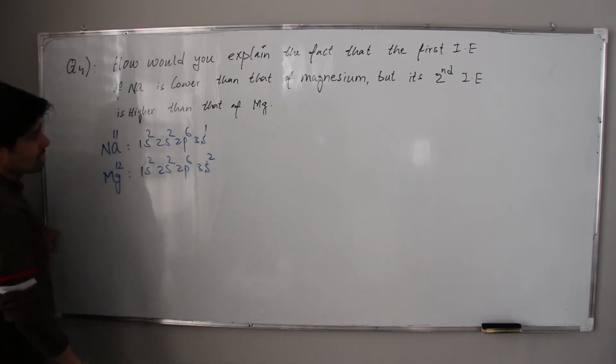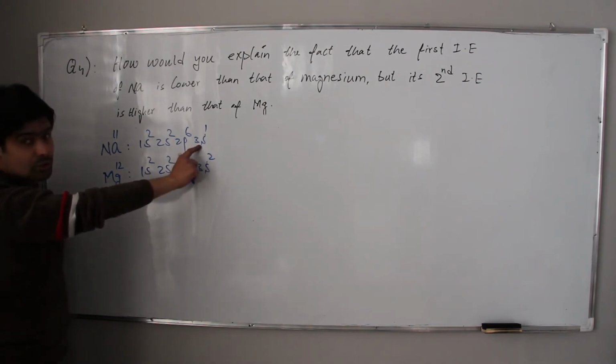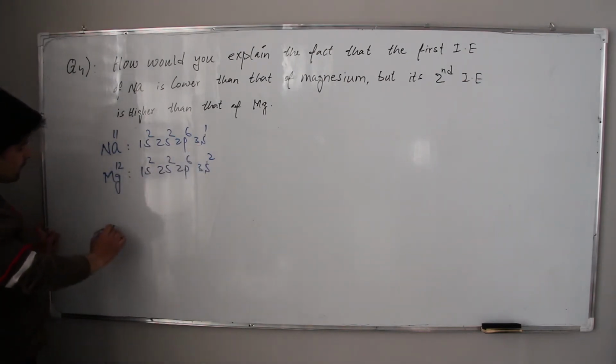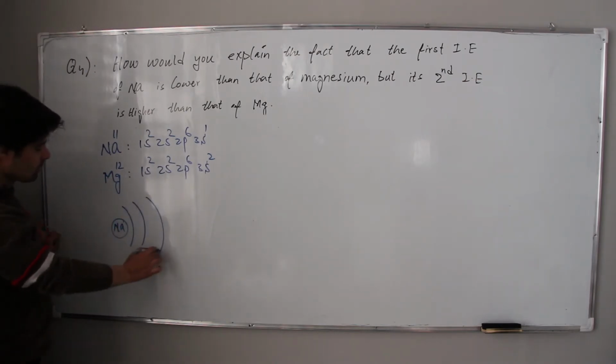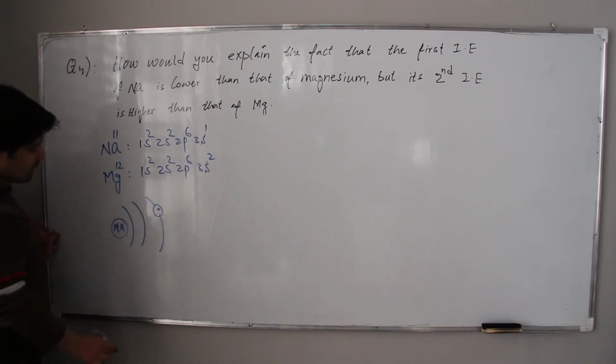In here, what's ionization enthalpy? Ionization enthalpy is the amount of energy which is given to the atom in order to remove its last shell electron. Now if this one is sodium, we have first shell, second shell and third shell, with S and 1 electron in here.